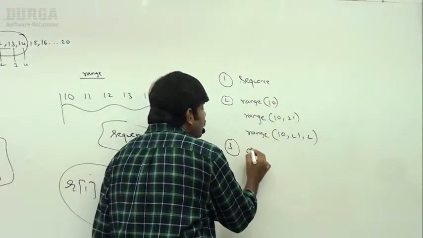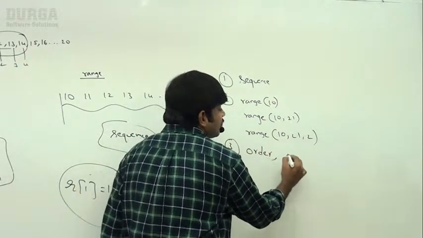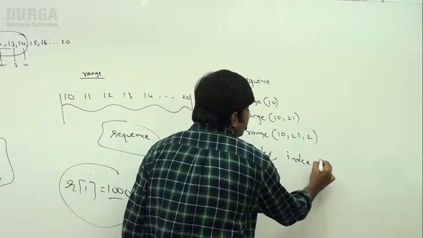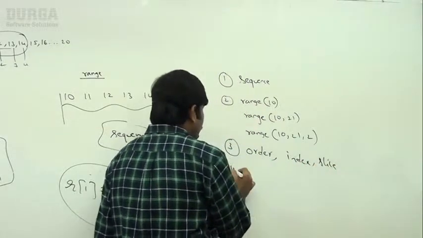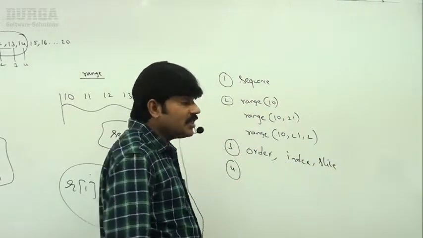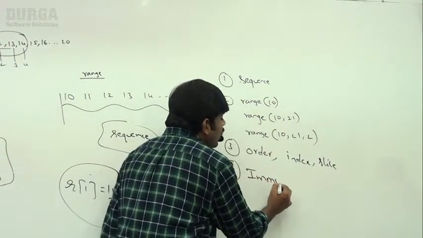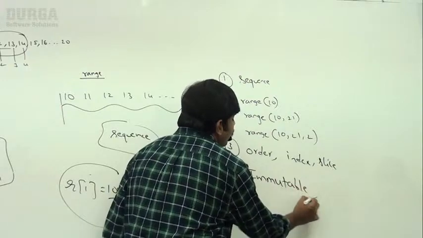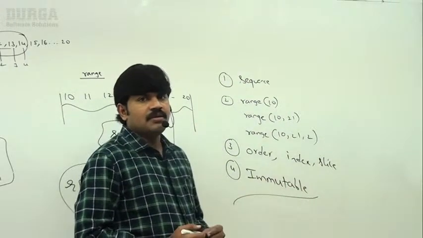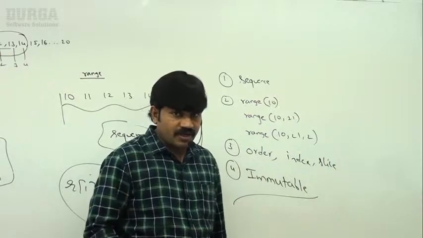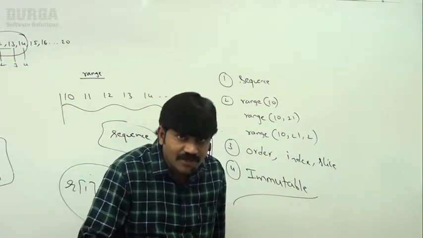Order is important, that's why the index concept and slice concept are applicable. It is immutable; you can't change the content once we created it. These are some important points related to range. Clear for all of you, right?